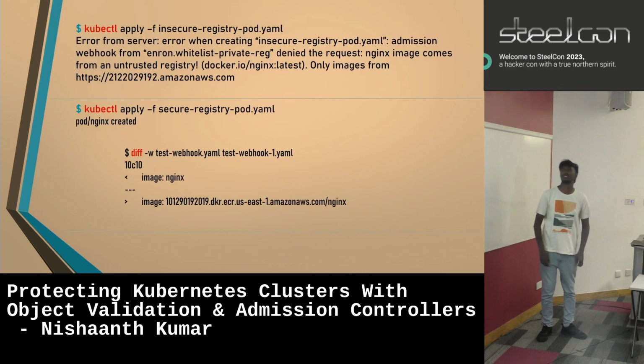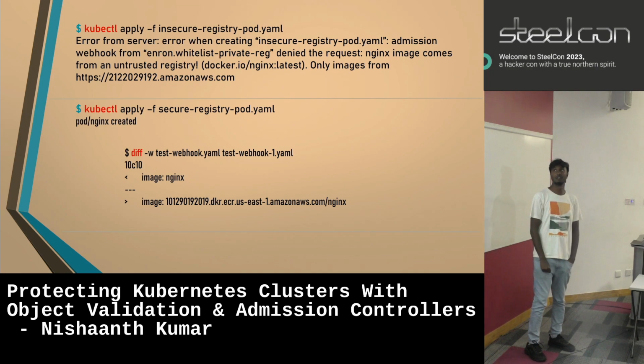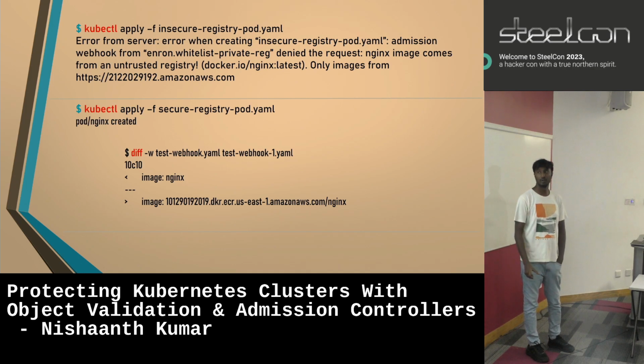Yeah, so this is me running the previously shown admission logic on the cluster. Basically, I had whitelisted this specific Amazon AWS URL. It could be any URL, right?